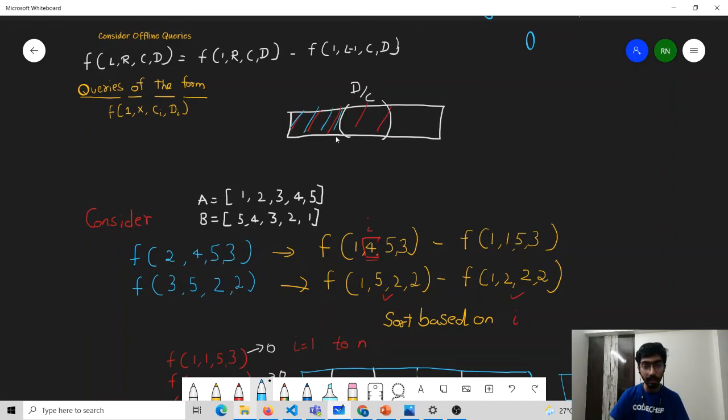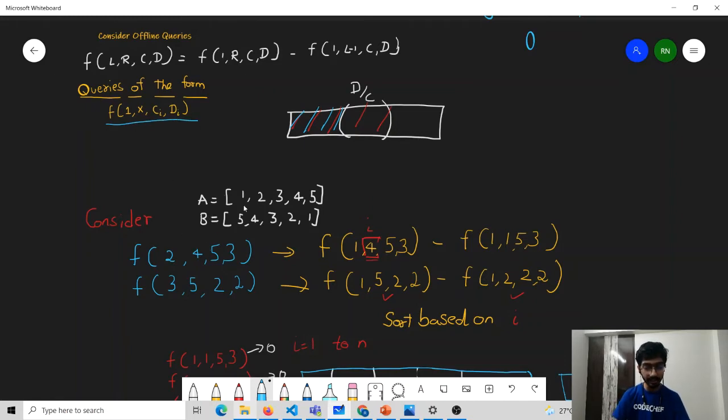Note that this will be the same as finding the solution for L to R. So f of L, R, C, D can be made as f of 1 to R, C, D minus f of 1 to L minus 1, C, D. Note that we have converted each query into only queries on a prefix. This can be solved in a way very similar to how we solve problems using the prefix sum technique. So now we have queries of the form f of 1, x, ci, di.